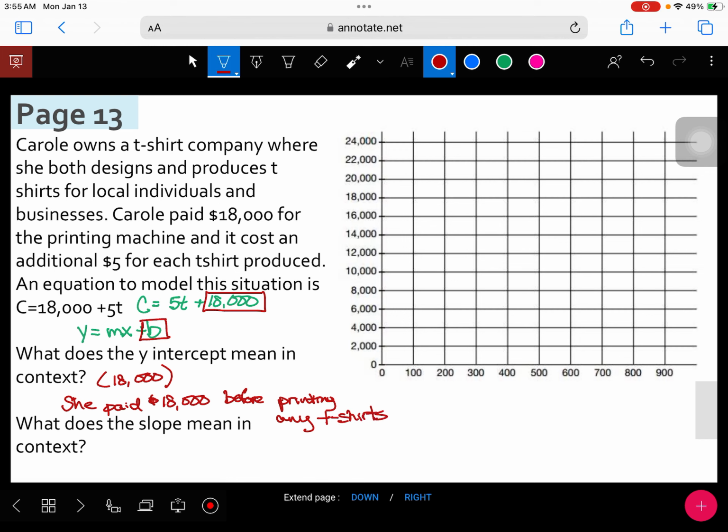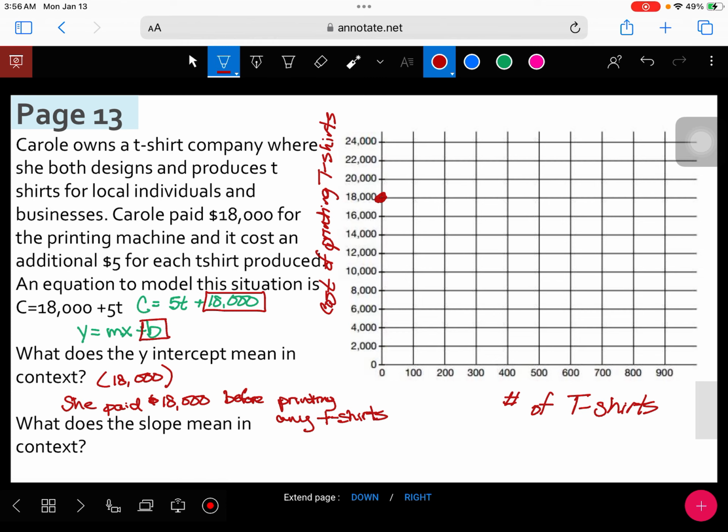So this would be the number of t-shirts down here, and this is going to be the cost of printing t-shirts. So the y-intercept, 18,000, even before creating any number of t-shirts, it cost her that much.